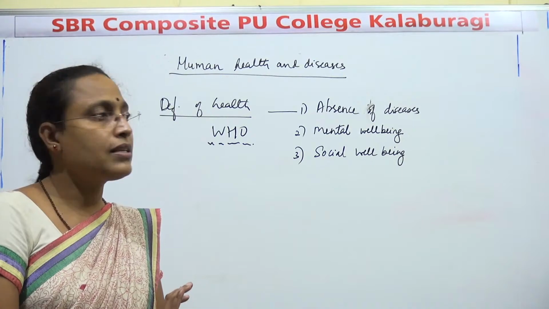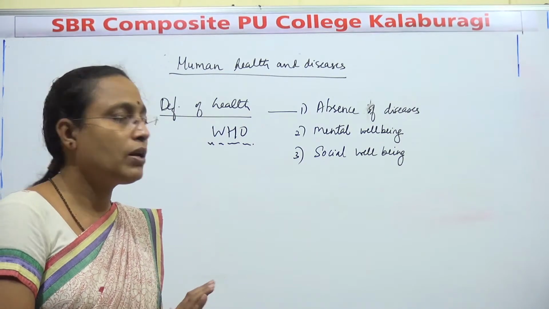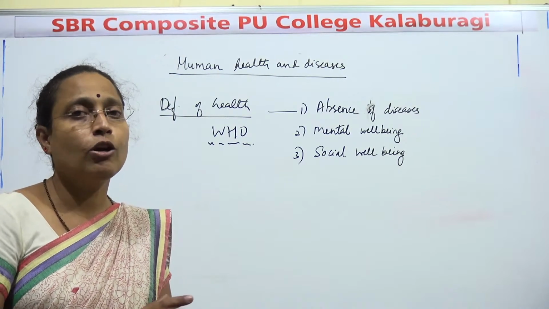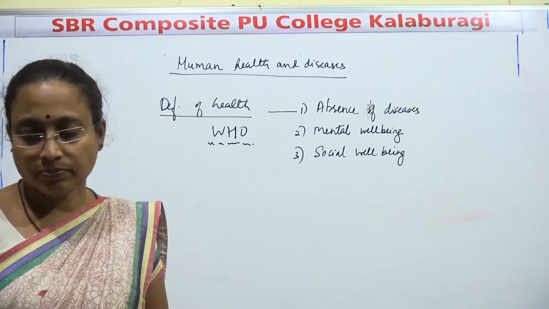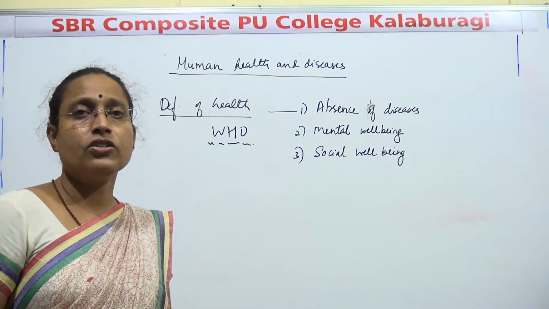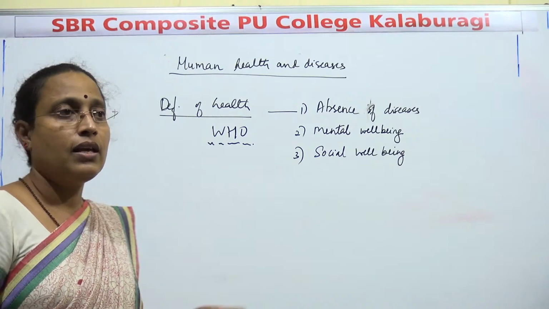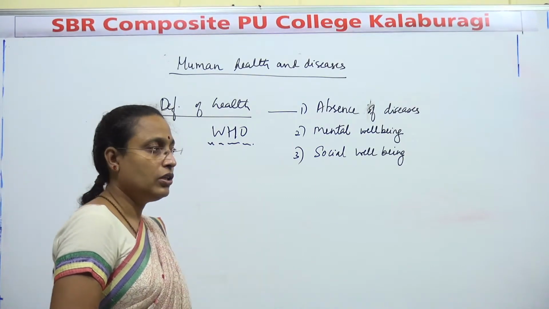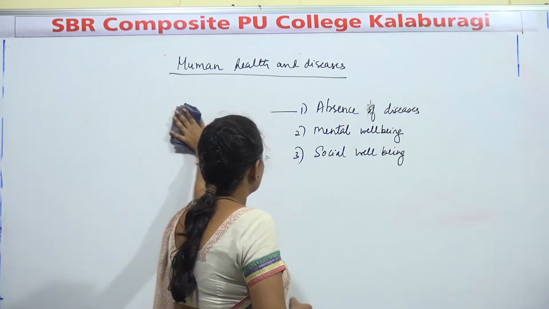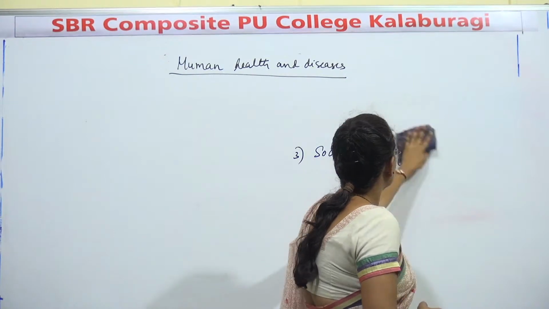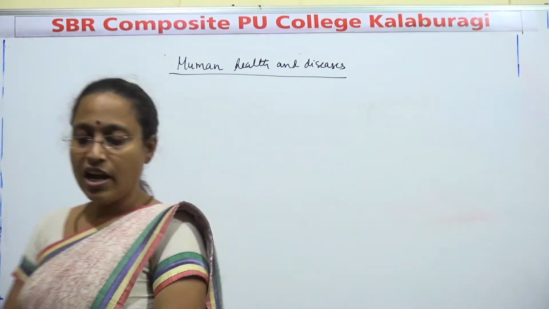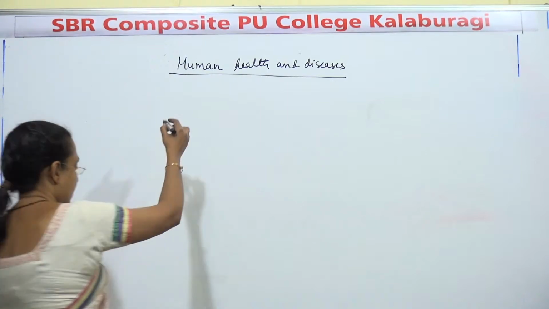If there is no social well-being, if there is no mental well-being, you can still say that the person is unhealthy, even though he does not have any disease. So these were the points present in the definition of health as given by the World Health Organization. Now, factors affecting health. Next.